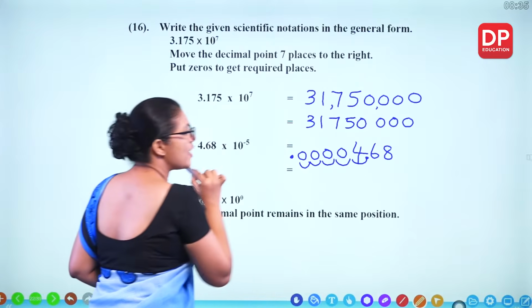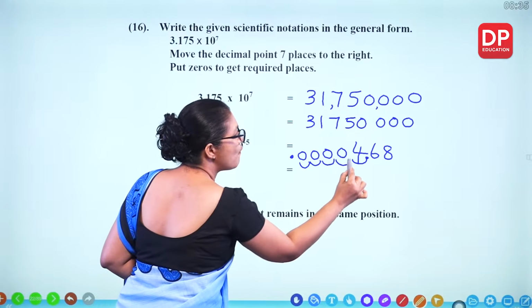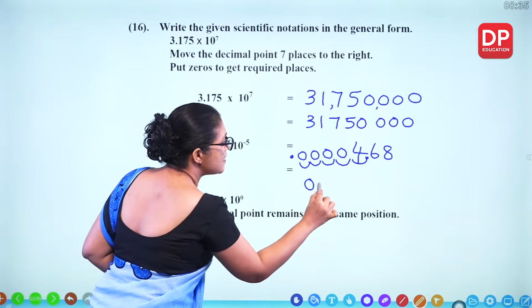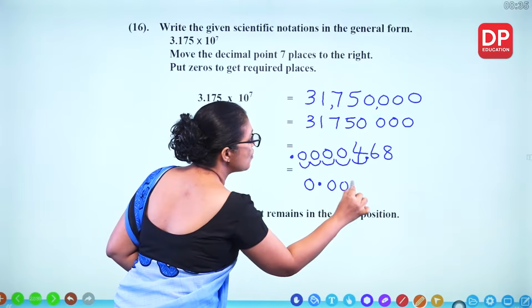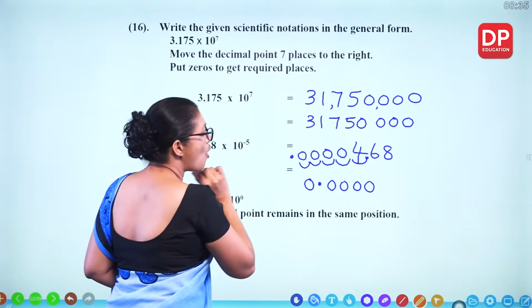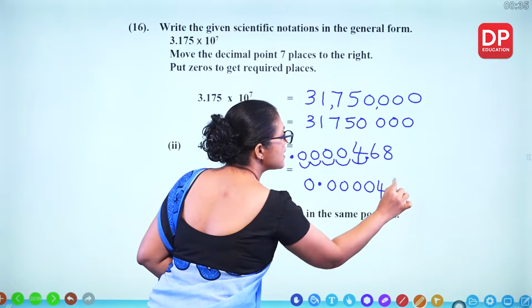So the decimal point you have to keep here. Check it again. 1, 2, 3, 4, 5. So that's the number. So you can write again 0.0000. How many zeros are there? 1, 2, 3, 4.